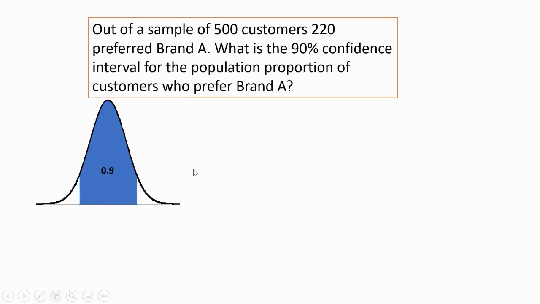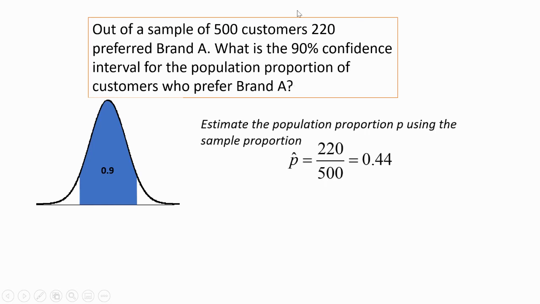So this one is an example of proportion type questions. So when you get a proportion type question, your first thing you're going to do is work out what your p hat will be. So in this case, our p hat is 220 divided by 500. Okay. Then we want to figure out what our Z score is. So we want to split this in half, and we realize this is going to be 0.45. So our Z score is going to be 1.645.